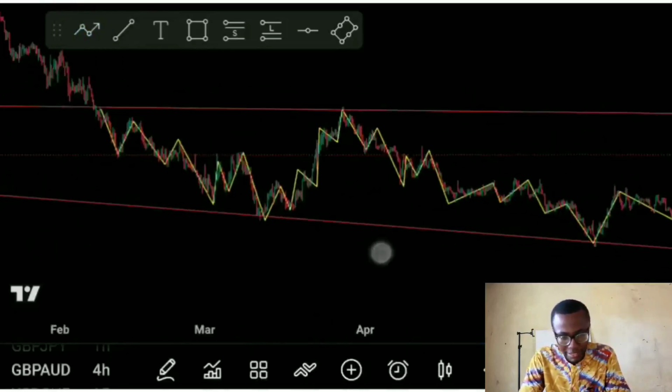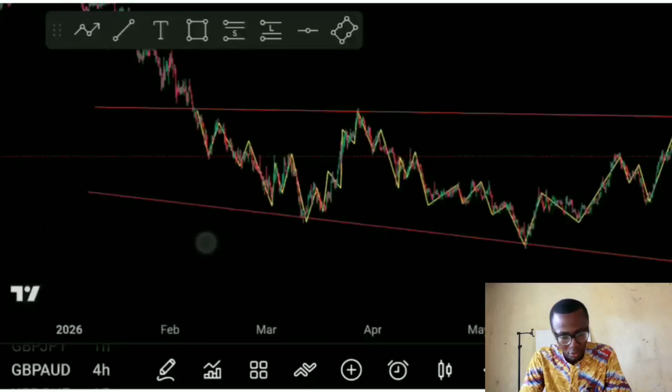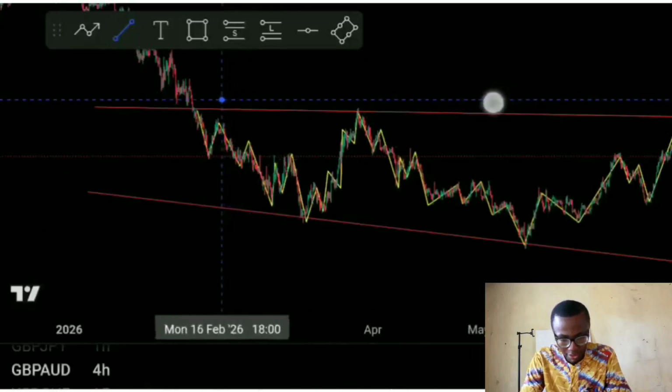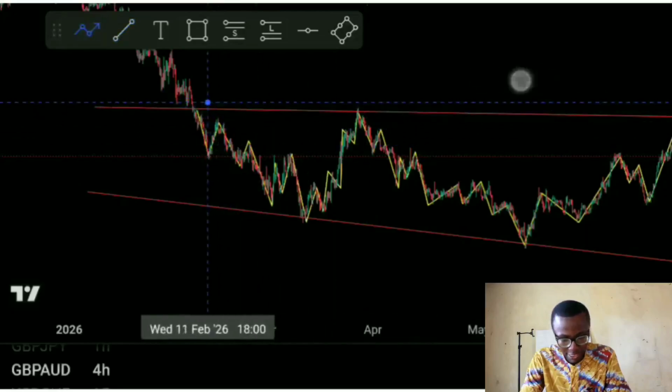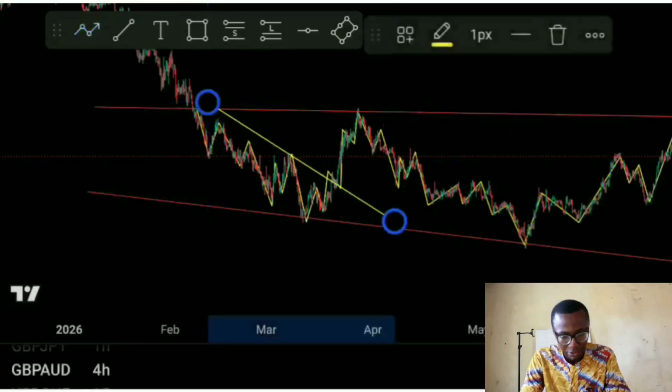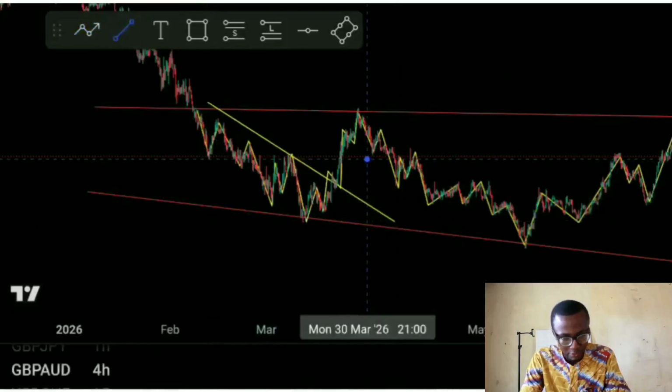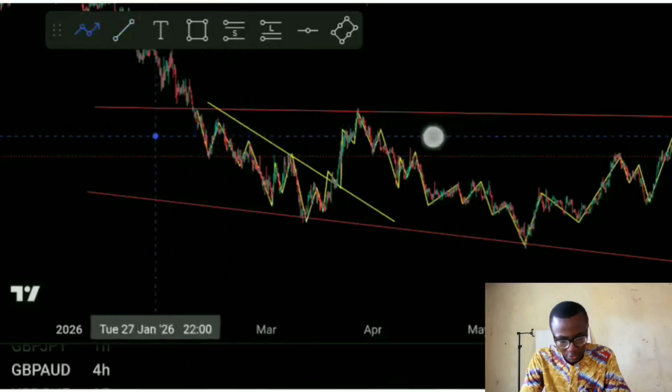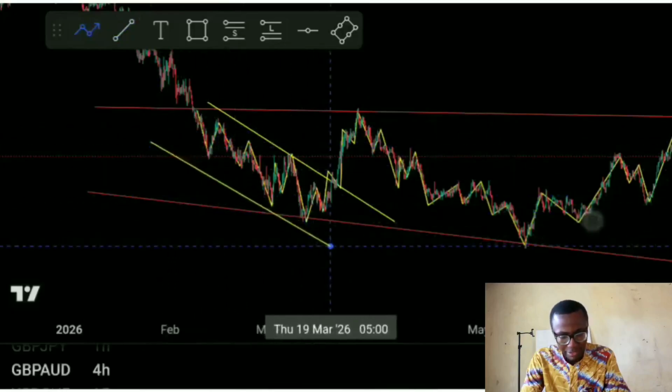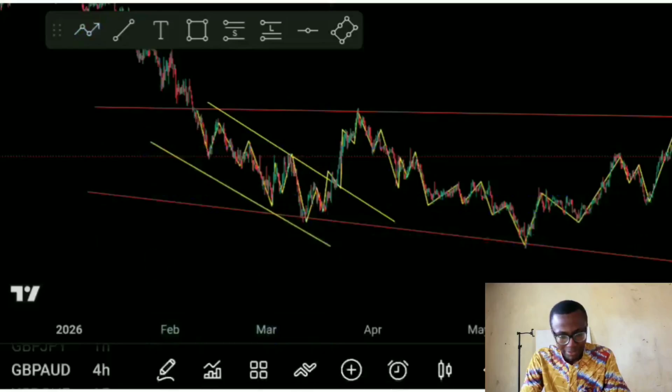So if you look at it now, you will notice that this one here is a downtrend. If you look at this one now, notice that this one is a downtrend, but that downtrend is just a pullback.